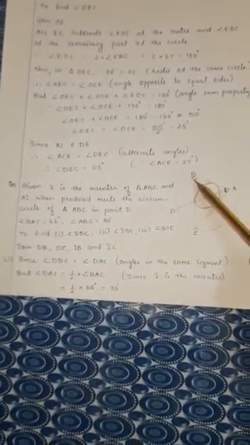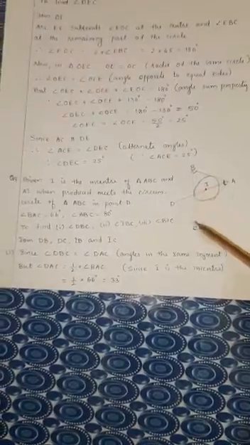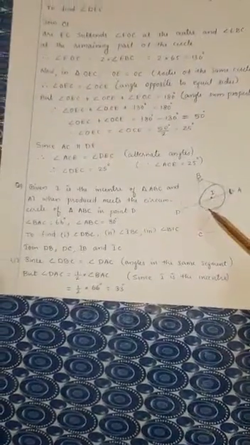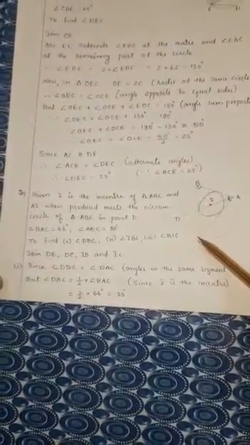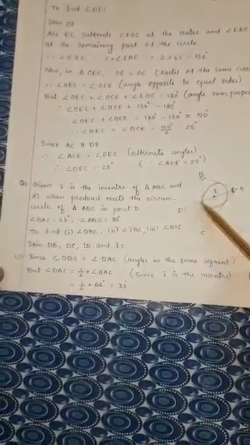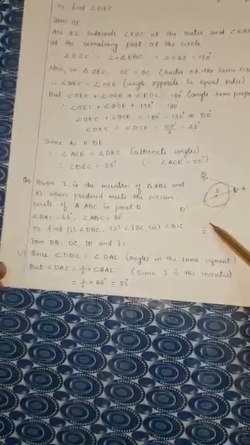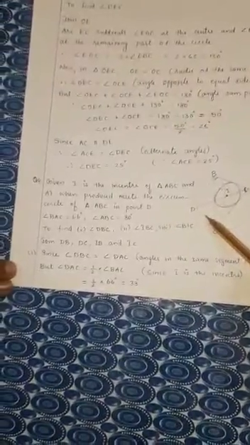Join DB, DC, IB and IC. Since angle DBC equal to angle DAC, angles in the same segment.